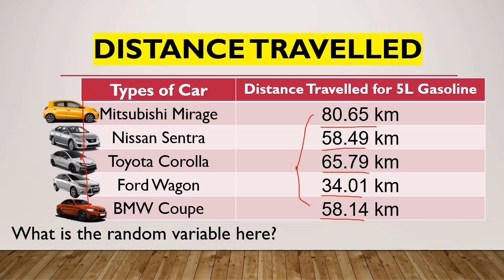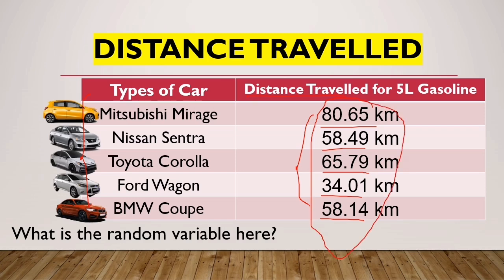By the way, what is the random variable here? So the random variable here is the distance traveled by each car. So distance. Now, what can you notice about the values of our random variable? If you have noticed, the values are not expressed as whole numbers.